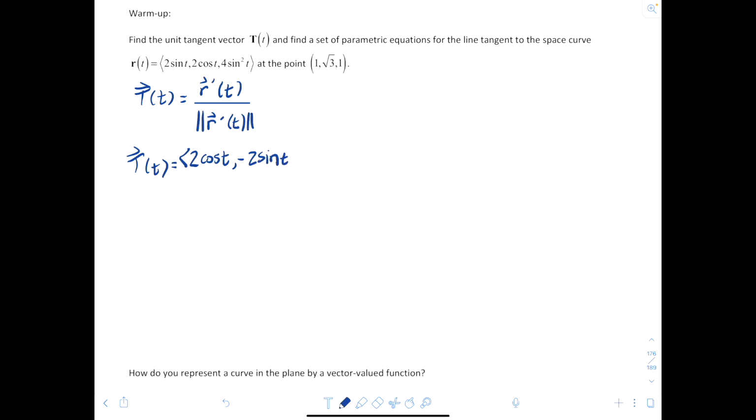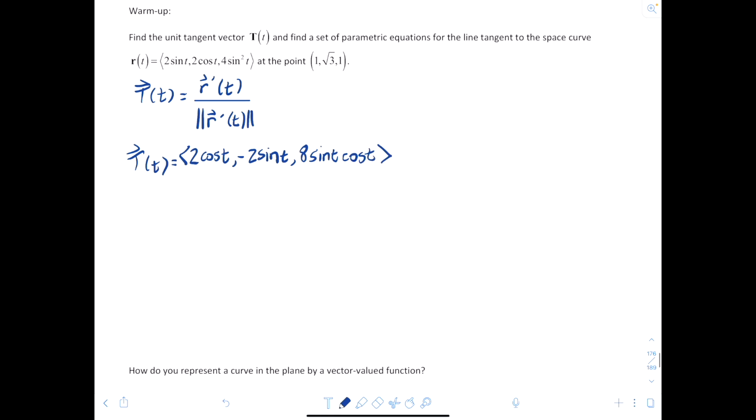And then, using the chain rule, don't forget, we're going to have 8 sine at t cosine at t. And that will be over the magnitude of r prime at t.